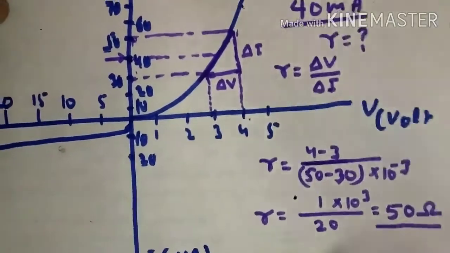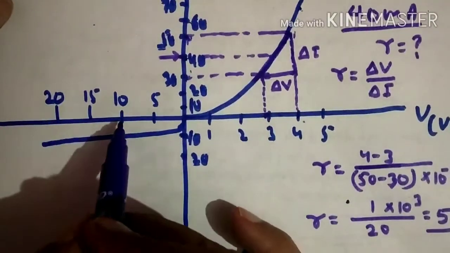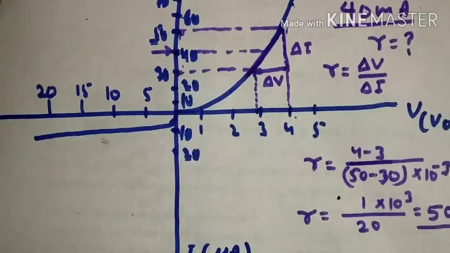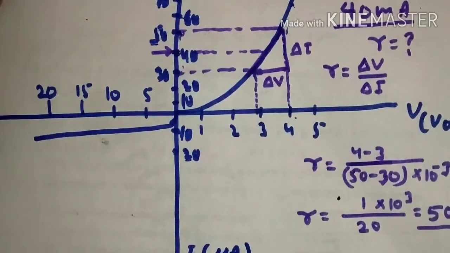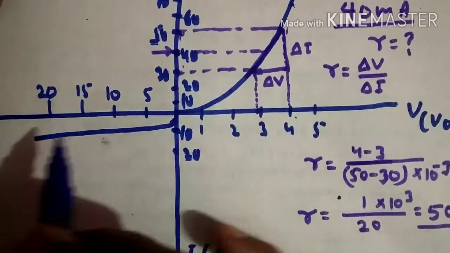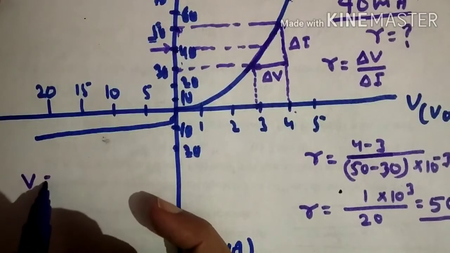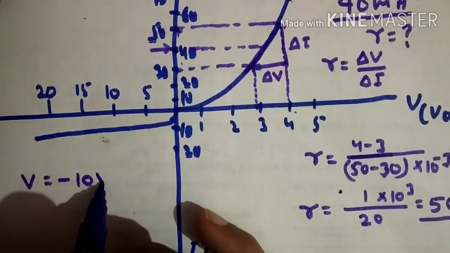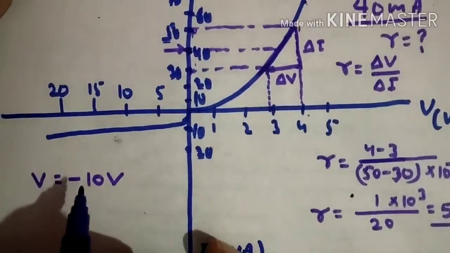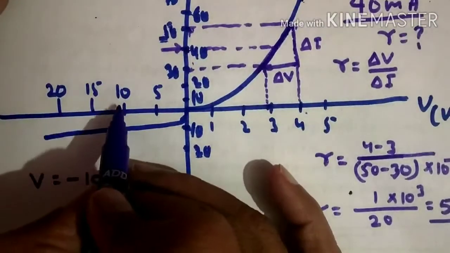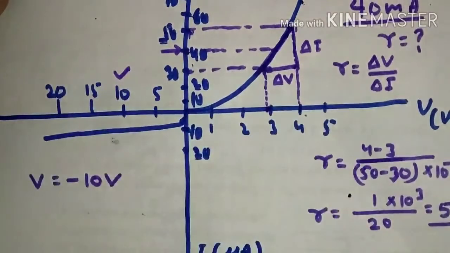Now similarly, if I ask what is the resistance offered by the diode when the voltage is minus 10 volt, remember if I have used the minus sign, I am talking about this voltage. Minus is the reverse voltage, meaning in the reverse biasing.